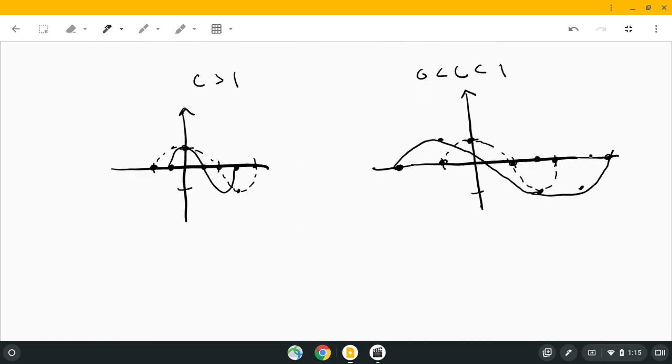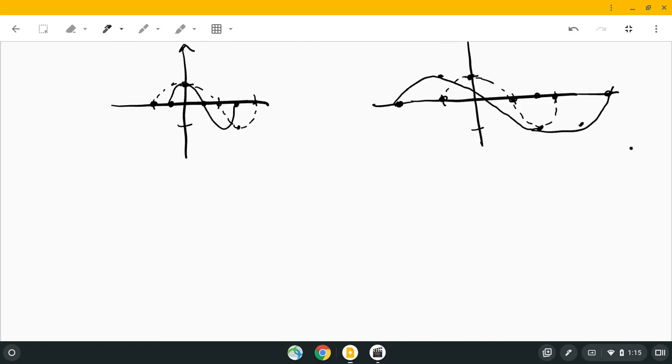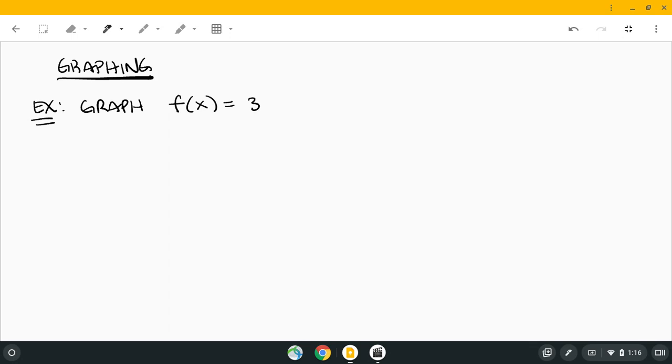All right. Let's take a look at an actual graph with an actual function. Let's graph f of x, which equals 3 minus 2 times x minus 1 squared.